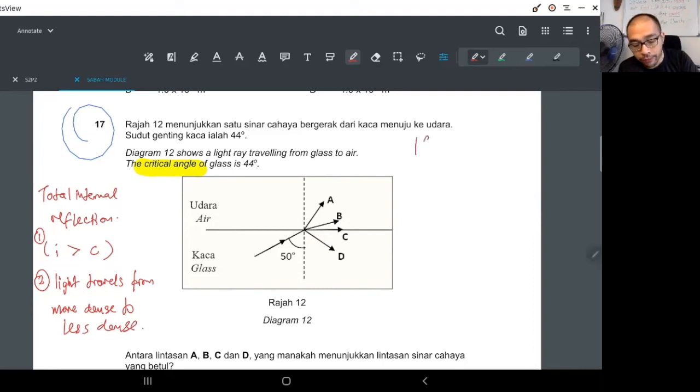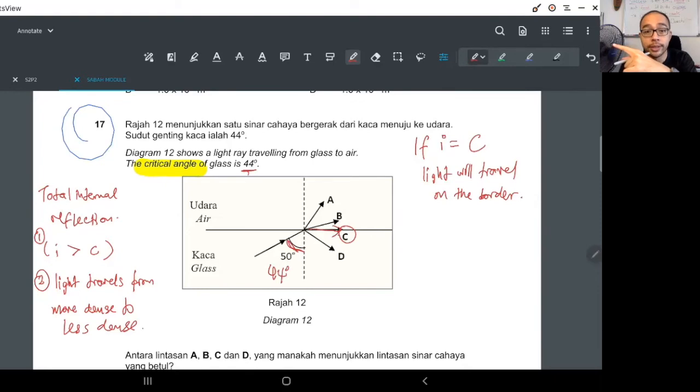Okay, so if the incident angle equals the critical angle, the light will travel on the border. If this angle was 44 degrees, the light will travel here, on the border.